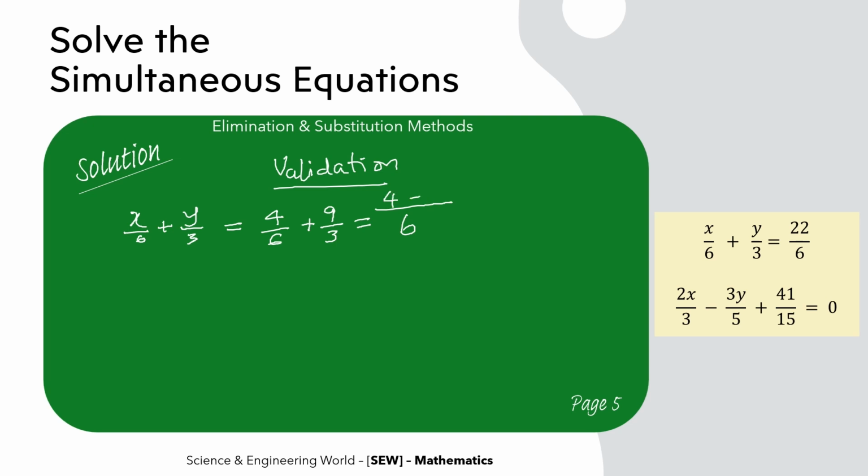Plus 3 in 6 is 2, 2 times 9 is 18. So in that case, we say that 22 over 6. Our left hand side will be 22 over 6, while the right hand side is 22 over 6. So that is validated.